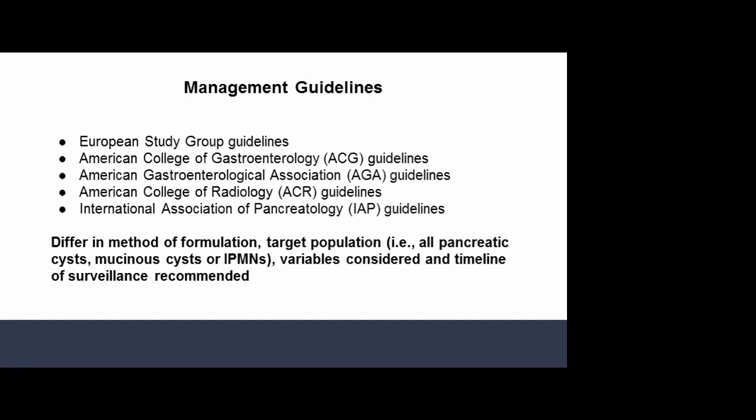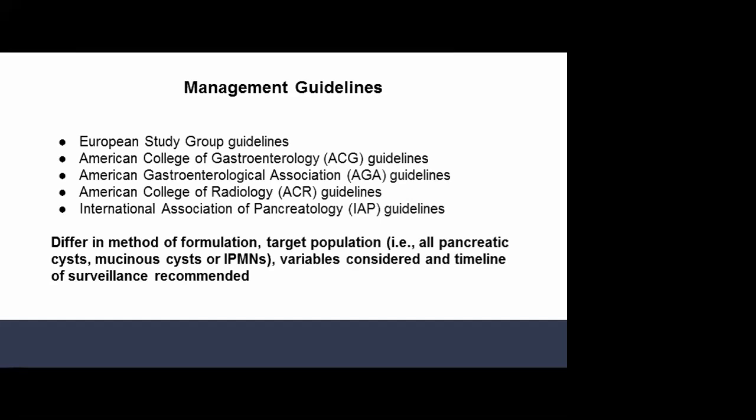The main societies are the European Study Group guidelines, the American College of Gastroenterology guidelines, the American Gastroenterological Association guidelines, the American College of Radiology guidelines, and the International Association of Pancreatology guidelines. Among these, the European Study Group guidelines, the American Gastroenterological Association guidelines and the International Association of Pancreatology (IAP) guidelines are more important or more clear.